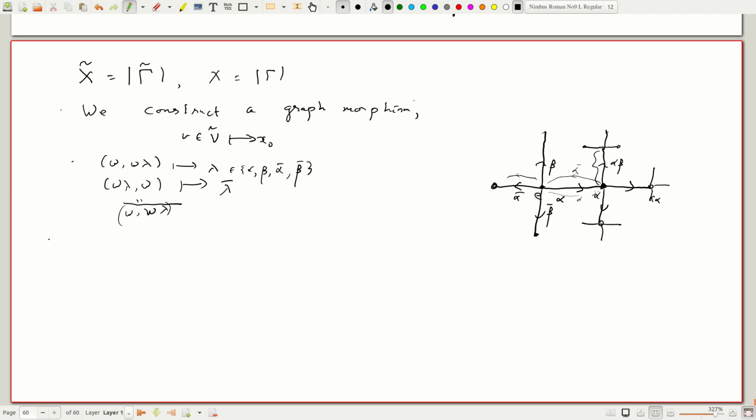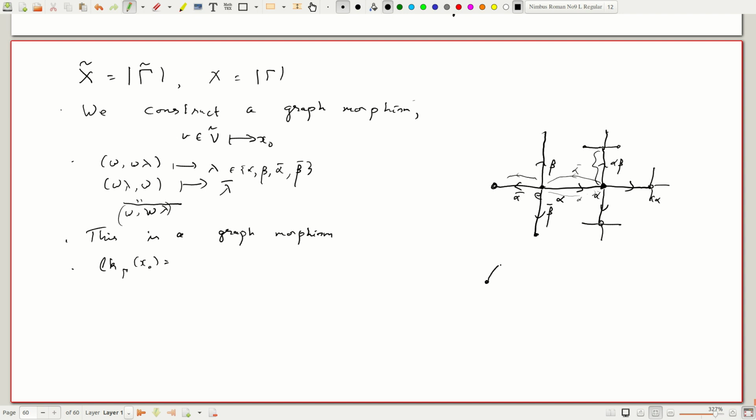And what do we know? By construction, this is a graph morphism. And let's check the condition on the links. Let's look at the link in X0, or perhaps my notation, I should say link in gamma of X0. Well, what is that?